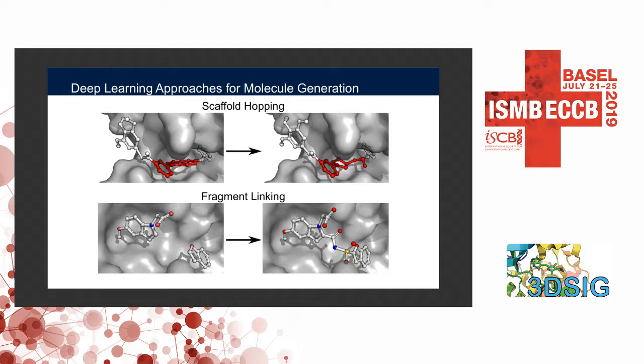In both cases here, we want to take two fragments or two substructures of the molecule and retain those parts of the molecule, but join them up with some form of linker or a new core of the molecule.